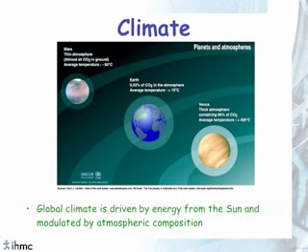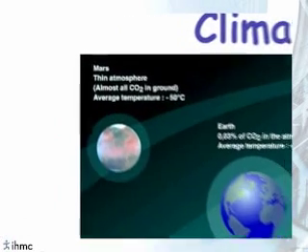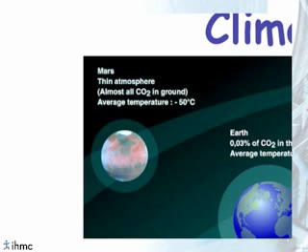First, I'd like to give you a brief overview of what establishes the climate, and I think this figure essentially shows how the climate is established. Mars, for example, has an atmosphere with very little in the way of greenhouse gases, for example, carbon dioxide. So its average temperature is minus 50 degrees centigrade.